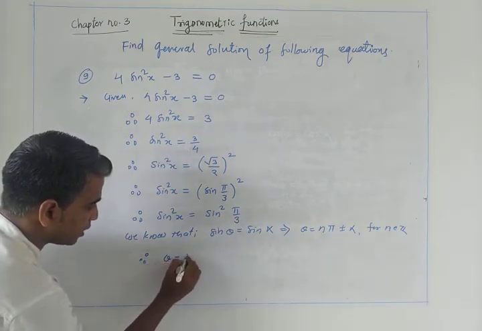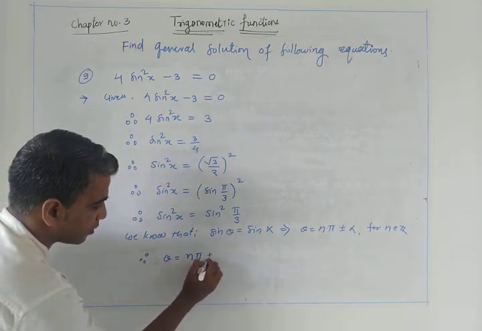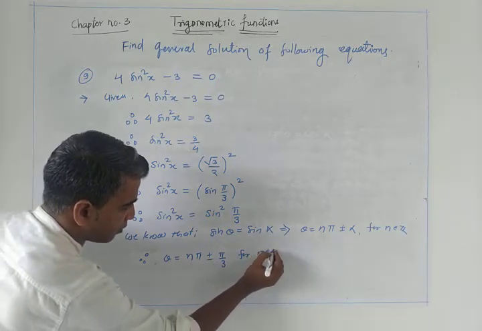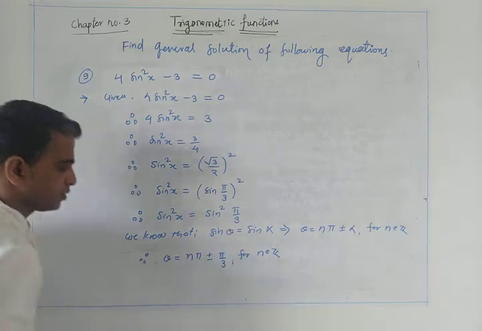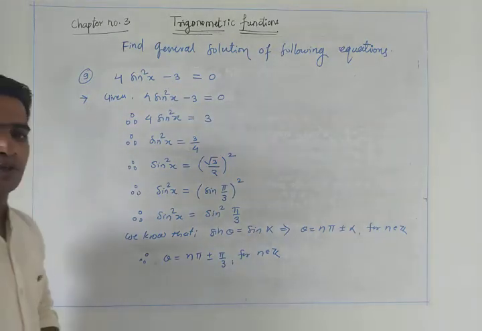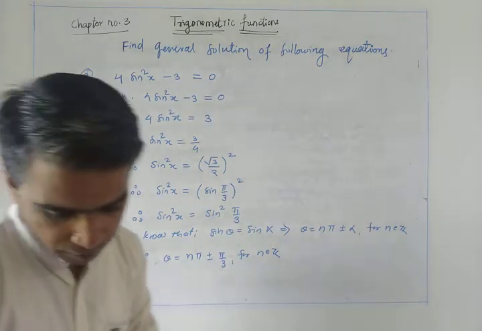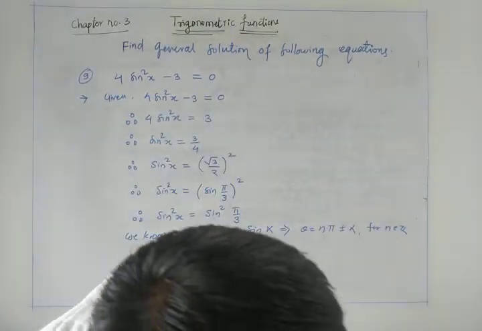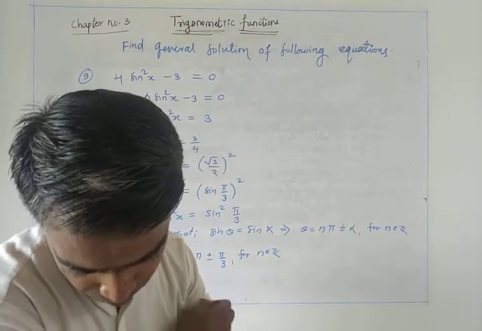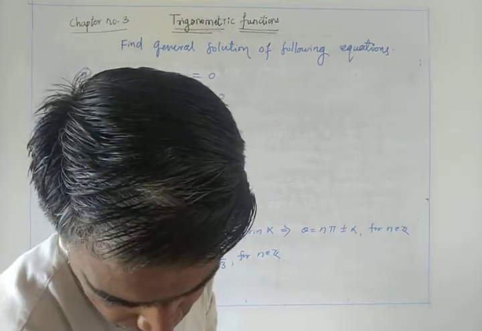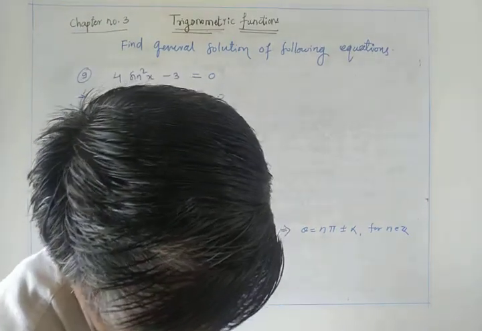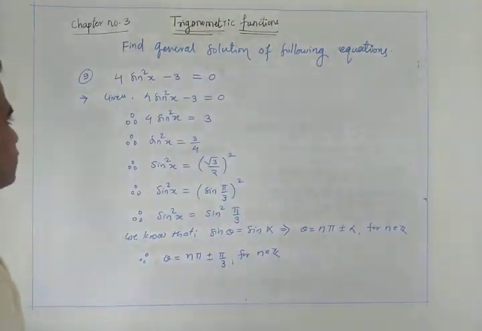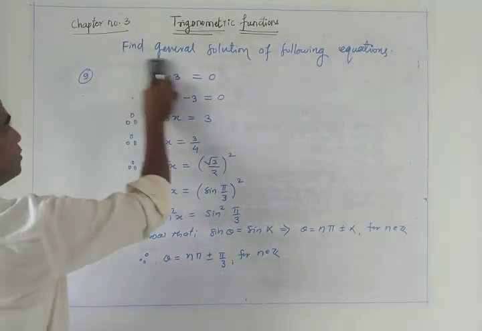So theta is equal to n pi plus minus pi by 3 for n belong to z, which is the required general solution for the given question. Okay, now the next type of question.